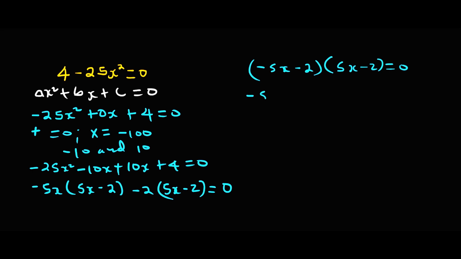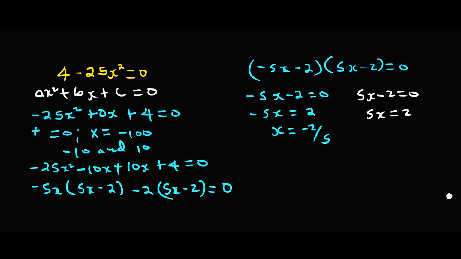If we take that minus 5x minus 2 is equal to 0, then minus 5x is equal to 2, so x is equal to minus 2 over 5. And if 5x minus 2 is the one that was equal to 0, then 5x would be 2 and x would be 2 over 5. So x is either minus 2 over 5 or positive 2 over 5.